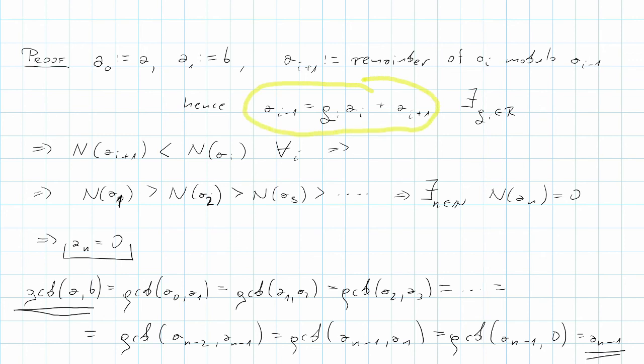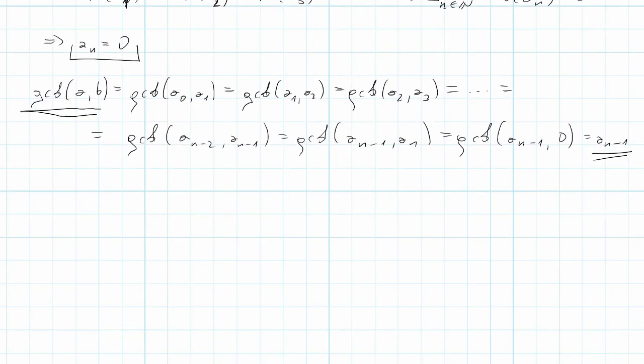We had this fact, we had this formula, so we can apply it now, and we can express a_{n-1} in this form. So the greatest common divisor of a and b is a_{n-1}.